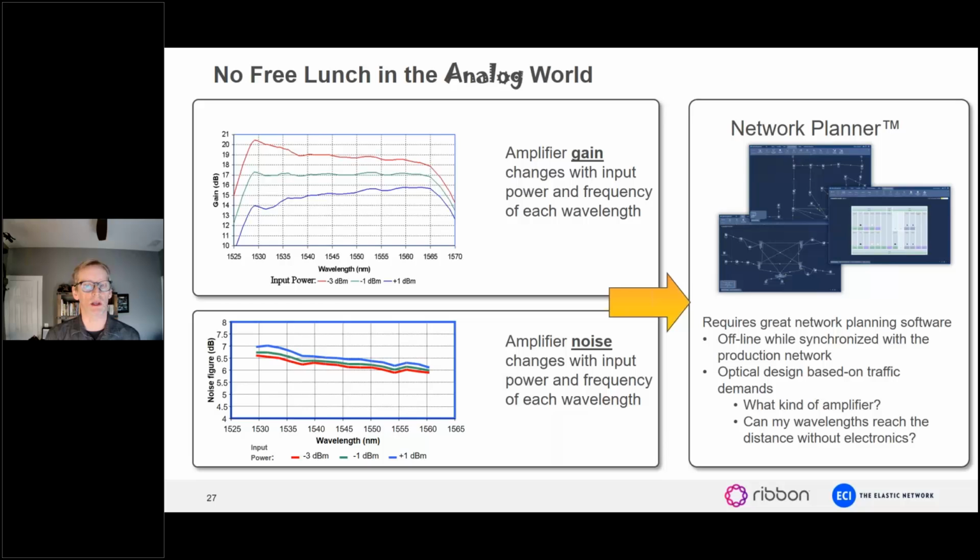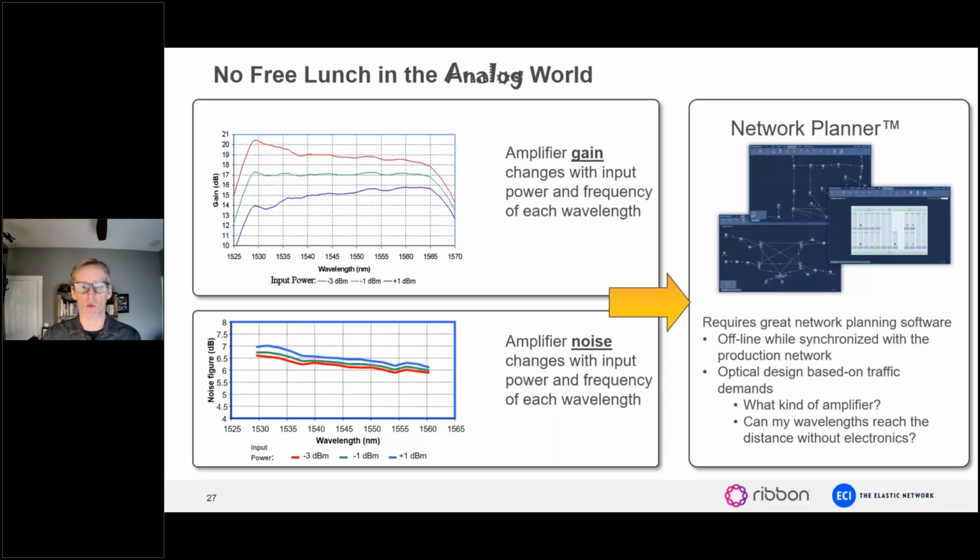We have software called Cleverly Network Planner. It helps you plan and design your networks, and you can run it offline and then synchronize it with the production network. You can make your optical design based upon the traffic demands, pick the type of amplifier that you're going to need, and test all these trade-offs between line rate and spectral width and distance.